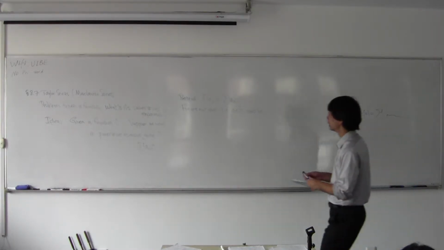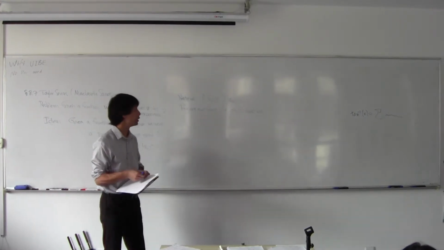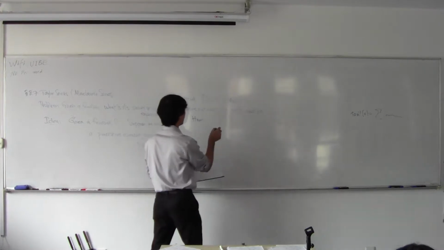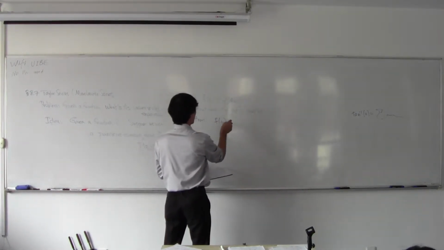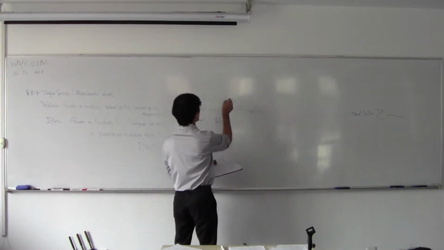So figure out what the coefficients have to be. Here's how you do it. If I evaluate the function at 0, what do I get? Here's the sum from 0 to infinity.